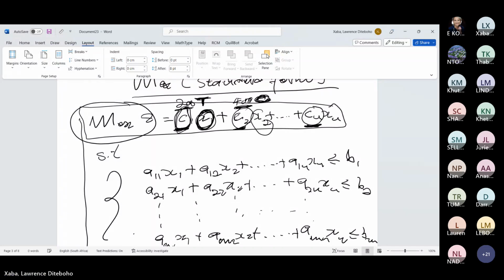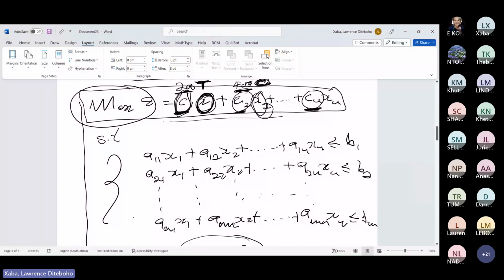Coming to our constraints. Here is where, if time is involved, this B will be what is given to us. Maybe it will be budget or time that is available for us to produce the number of tables and chairs. Down here we'll be talking about the raw materials and time needed to cut and do other work to come up with the chair, and there will be painting involved.